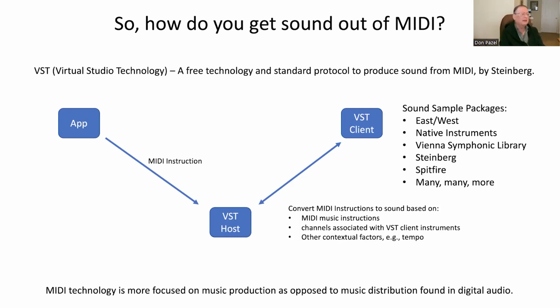There are just so many. Some specialize in certain instruments, and you can build up really nice stuff out of it. So the whole thing here is that the VST host gets the MIDI instructions, and then sends it to whatever VST clients have been attached to it, and off comes MIDI.